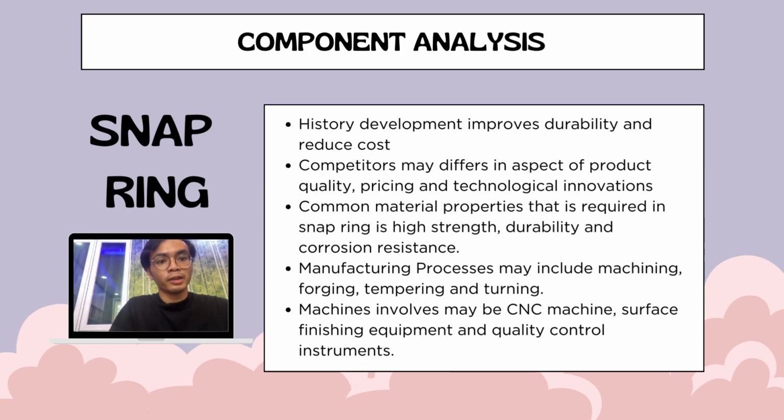The properties required in common materials for snap rings are high strength, durability, and corrosion resistance. For the manufacturing process, snap rings often involve machining, forging, tempering, and turning. And the machines involved in producing snap rings are CNC machines, surface finishing equipment, and quality control instruments.